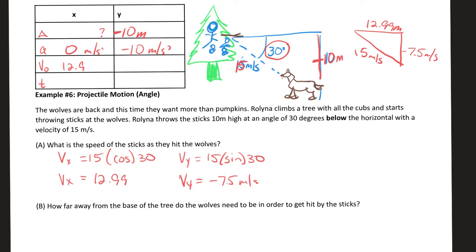So now I can use that to determine the time, and I could use a variety of different formulas. Where did my time go? Okay, I ended up using this formula here: my final velocity in the y direction squared equals my initial velocity in the y direction squared, plus 2 times my acceleration and then change in y.